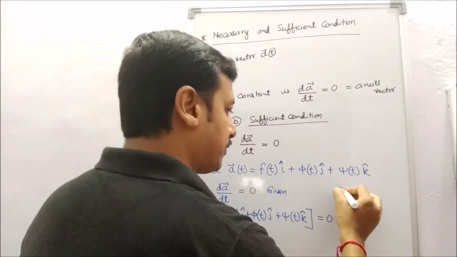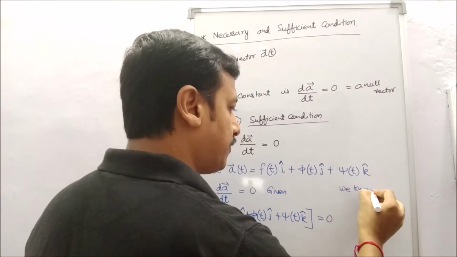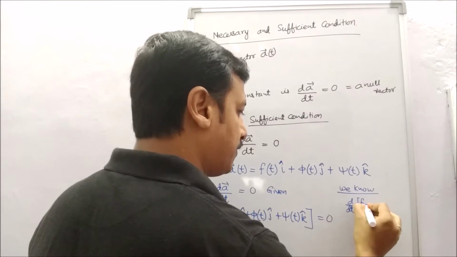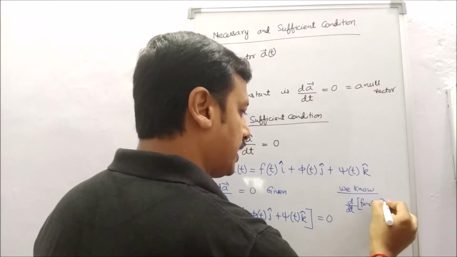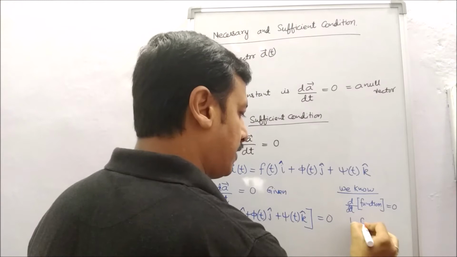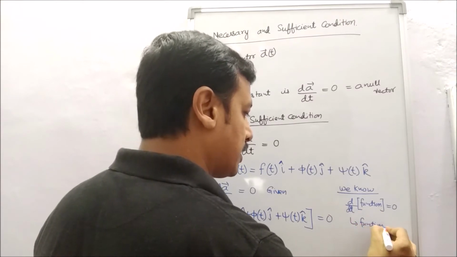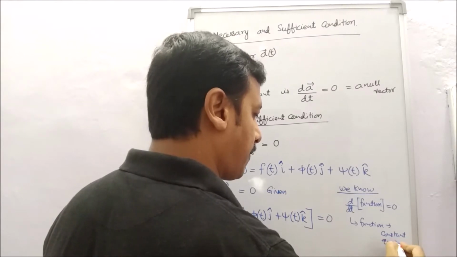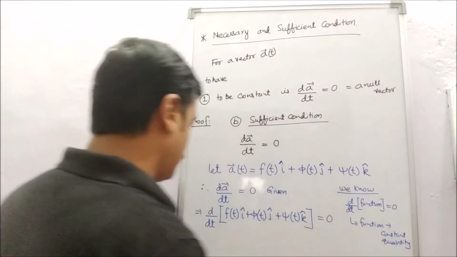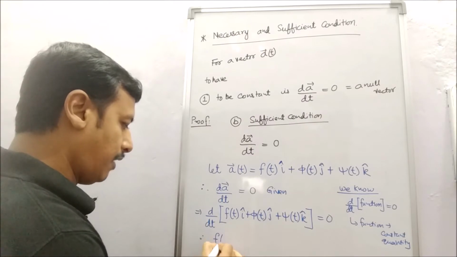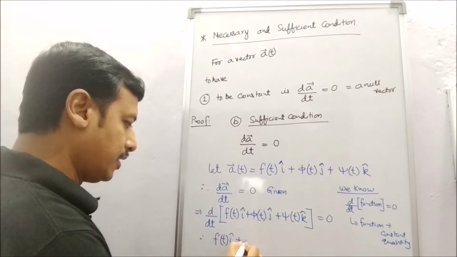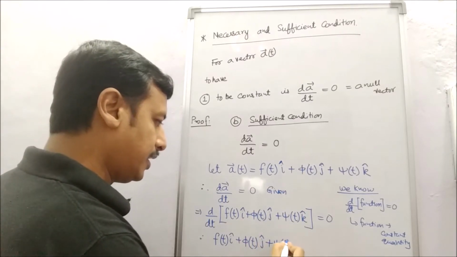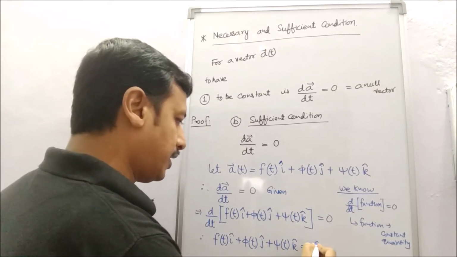We know from the property of differentiation that if the differentiation of any function is 0, then that function is a constant quantity. Therefore f(t) i plus phi(t) j plus psi(t) k is equal to a constant.